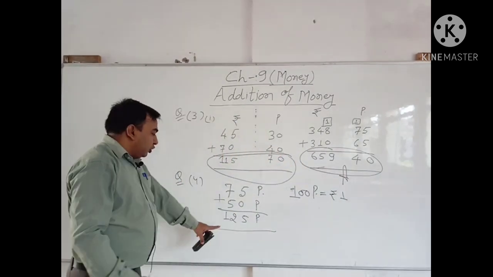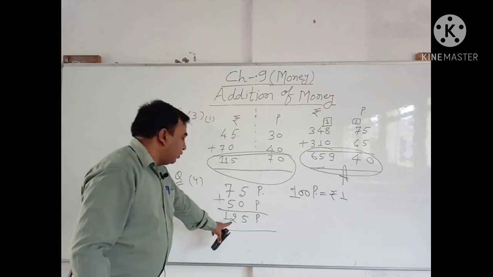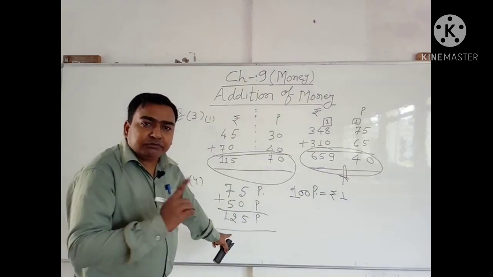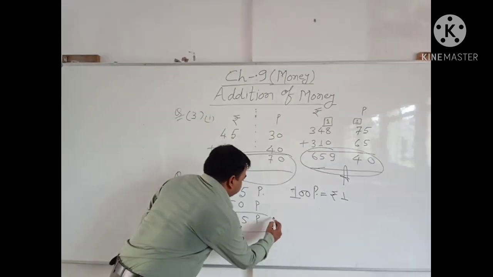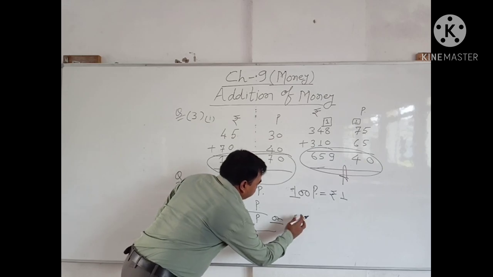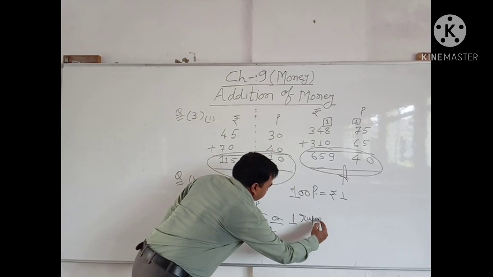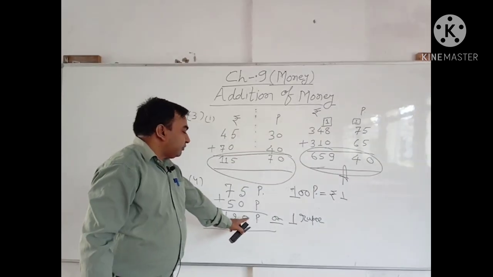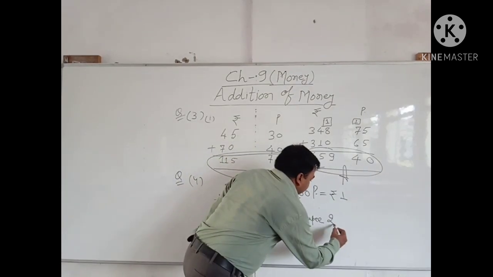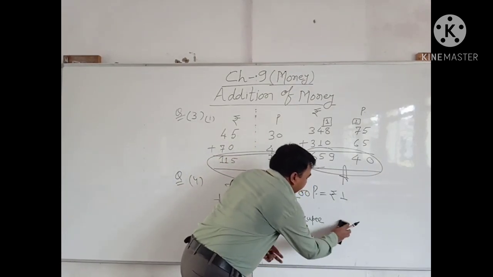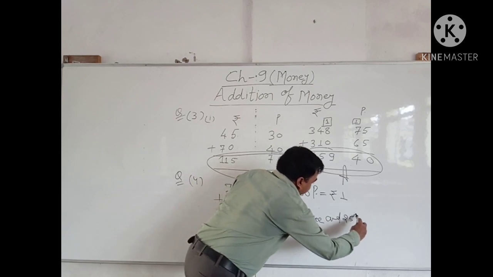So what is the sum of these two numbers? 125 paise. So we will write 125 paise as 1 rupee 25 paise.